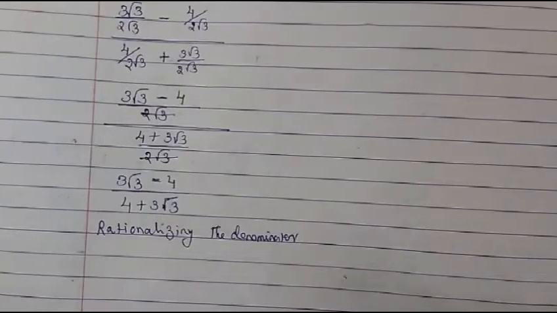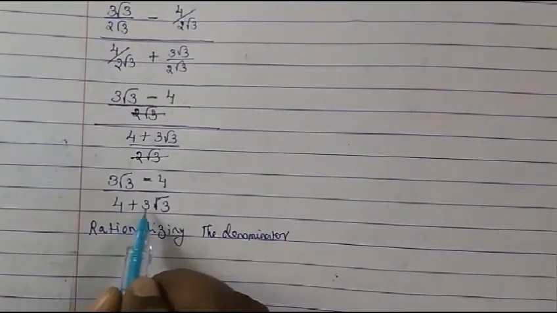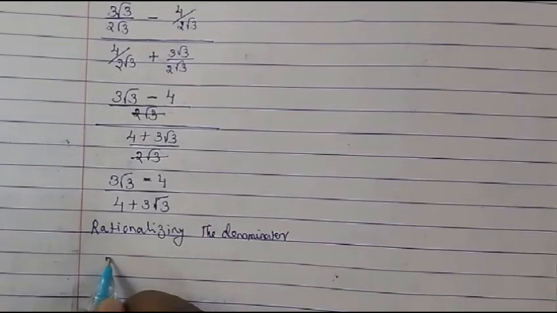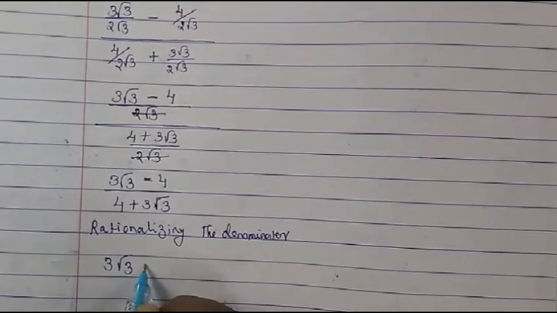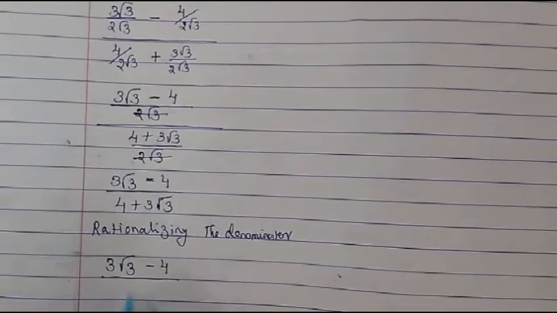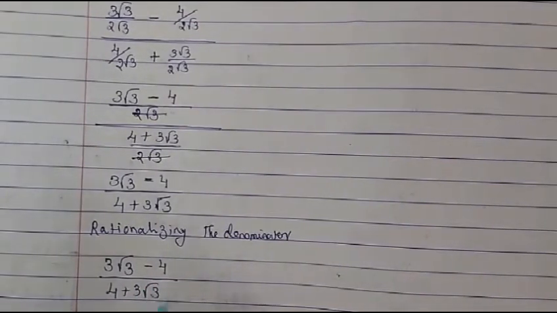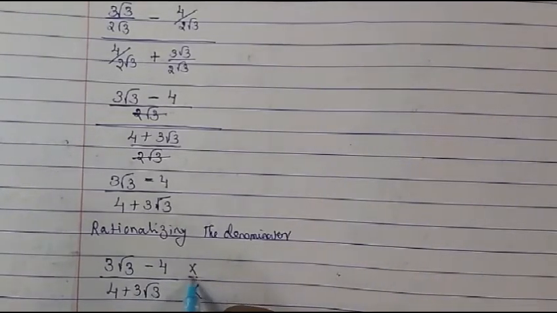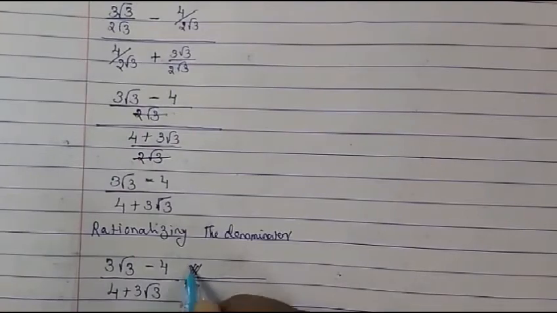In the polynomial chapter you have studied, with the same number, both sides you have to multiply, but change the sign. So that means 3 root 3 minus 4 upon 4 plus 3 root 3. Both sides we have to multiply. Sorry, one sign is enough for multiplying.